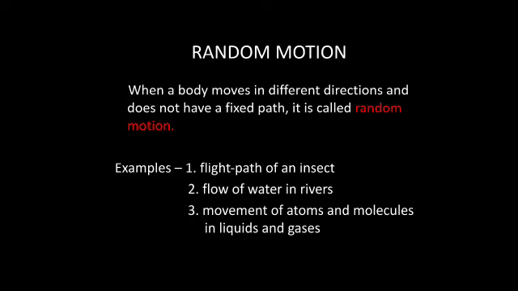It is random. So, that kind of motion with different directions and no fixed path is known as random motion. Let us see a few more examples, like the flight path of an insect, flow of water in a river, movement of atoms and molecules in liquids and gases.